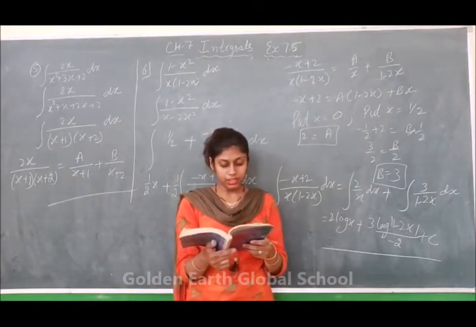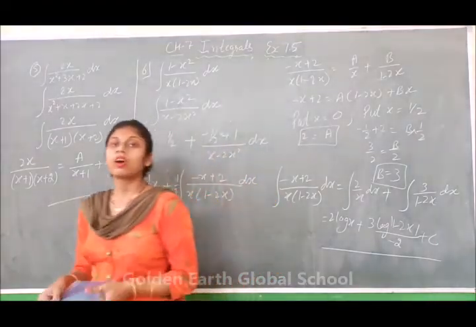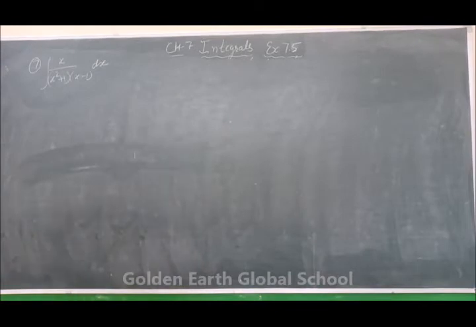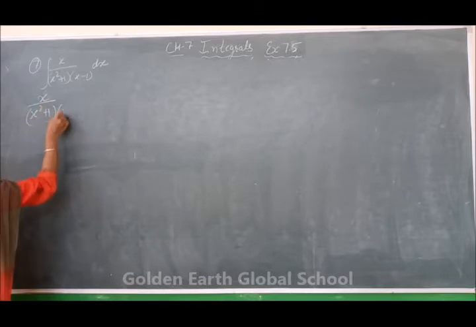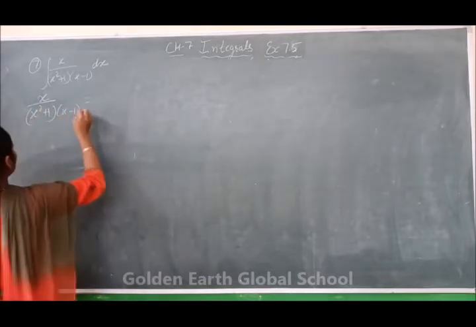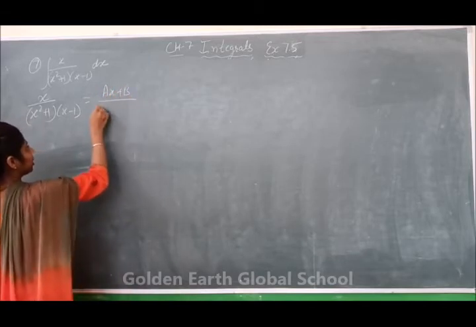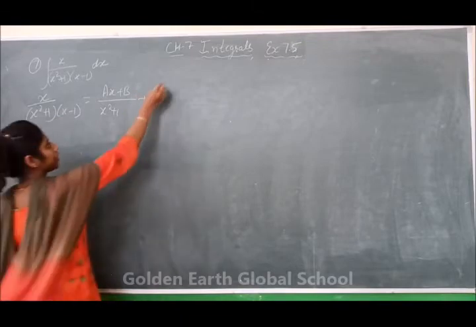Now we will discuss 7th question. In this question, denominator is in the form of quadratic. See in this question, this is the quadratic term. So we will write ax plus b, linear term, in the numerator, and if there is a linear term we will write c only.